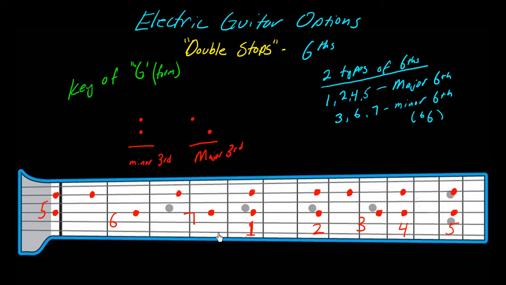So if you were to play this over a chord progression, you're going to notice that it sounds kind of different. We're not really used to hearing this interval of sixths, but as you experiment, you're going to find that for some of the chords, they sound actually pretty good.